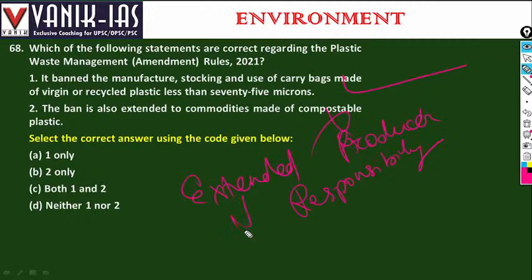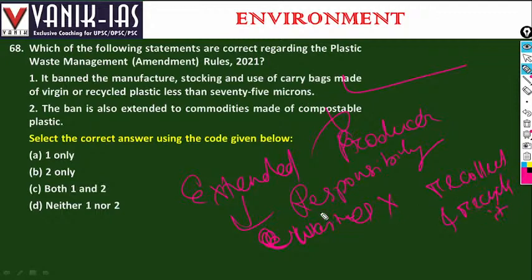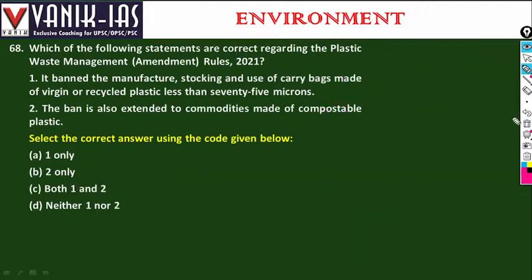It means those companies who are producing e-waste have to recollect it and recycle it. This is the Waste Management Rules 2021.